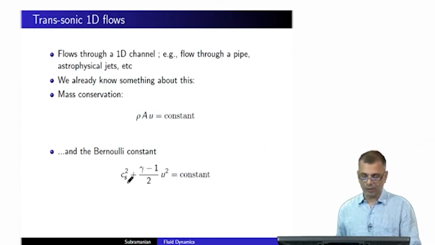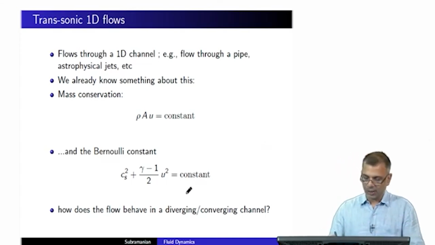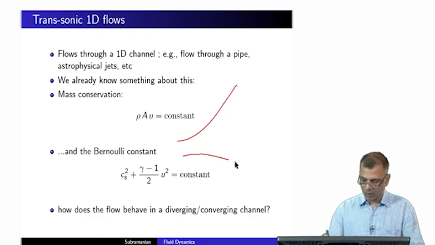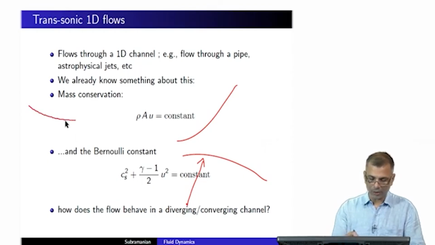So now the question we ask, just based on these two equations: how does the flow behave in a diverging or a converging channel? A diverging channel would be one that looks like this. A converging channel would be one that looks like this, a nozzle.